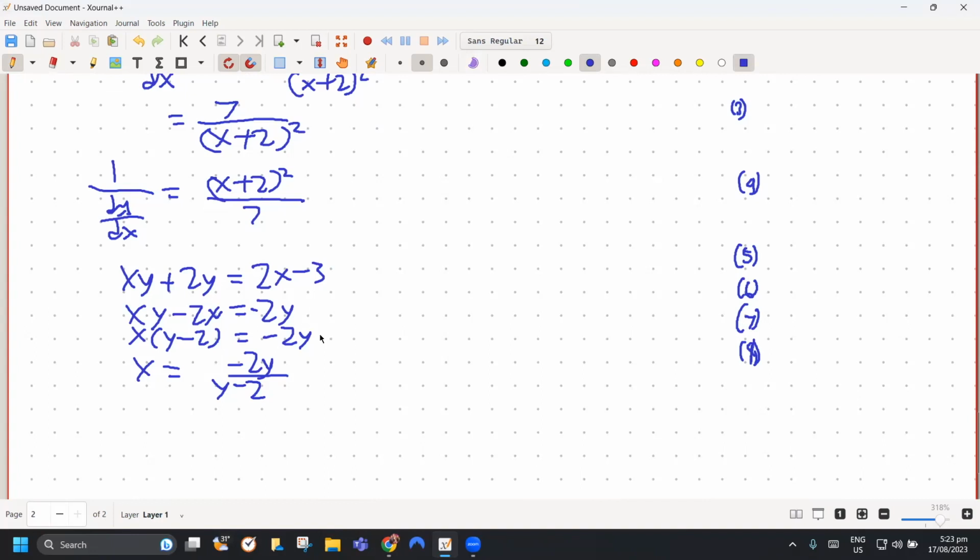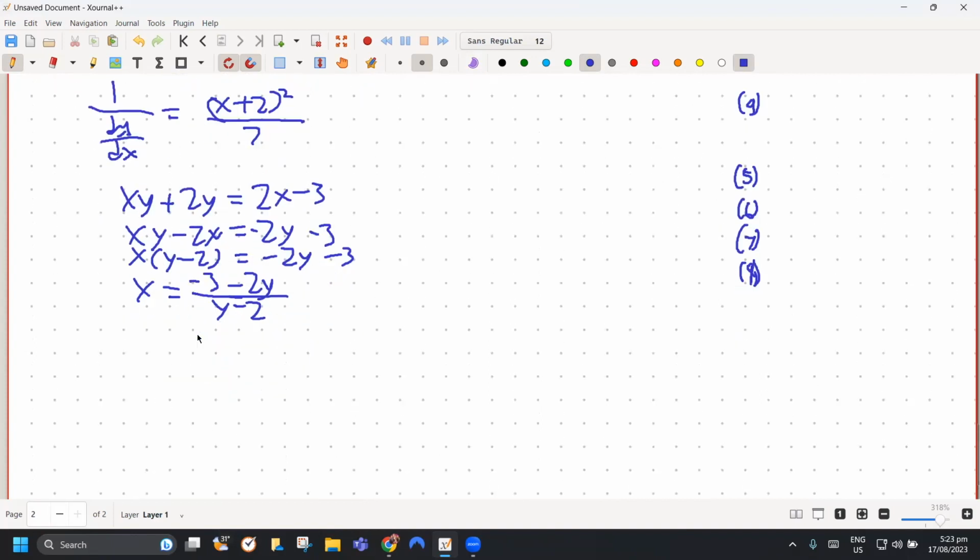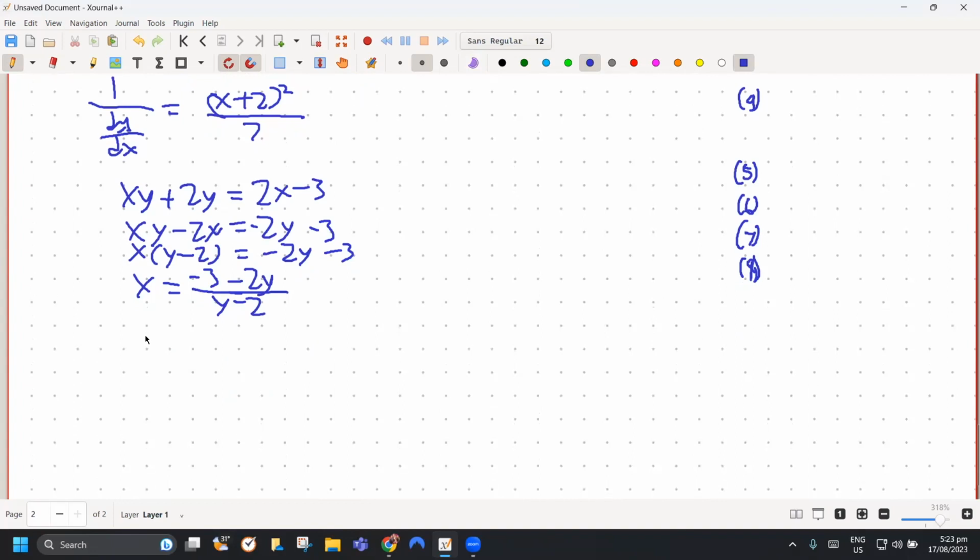Okay, be careful. Now, you can factor out the negative sign if it is more convenient for you. It is like negative of 2y plus 3 over y minus 2. So, using low d-high minus high d-low, over low squared, in curly brackets.